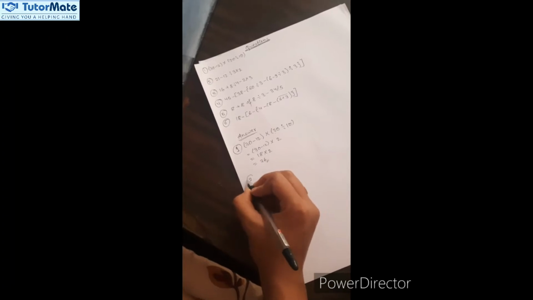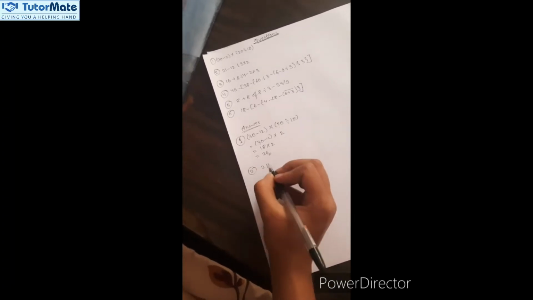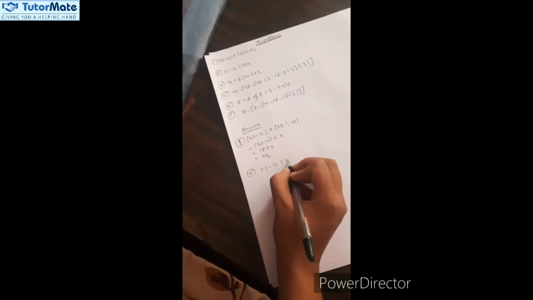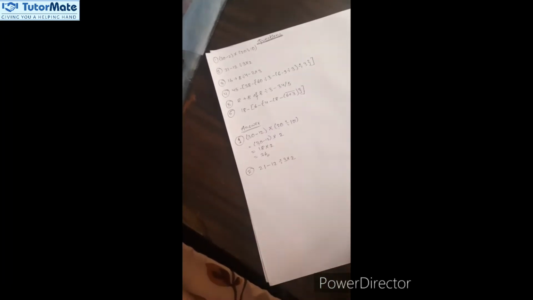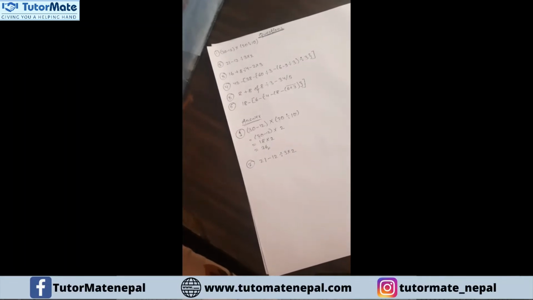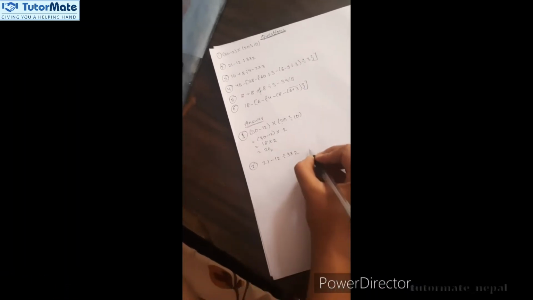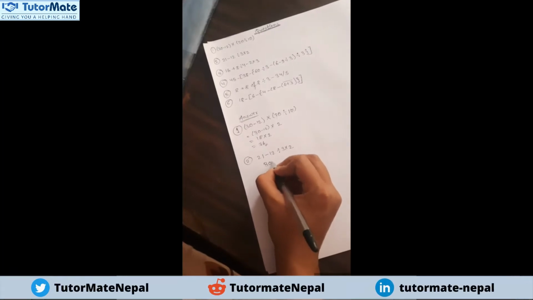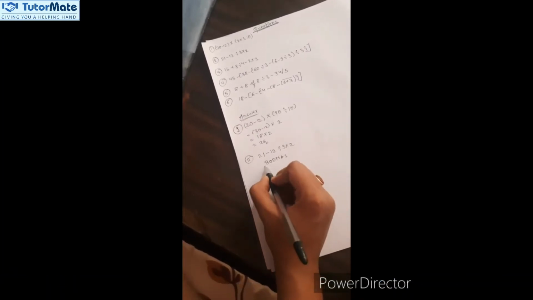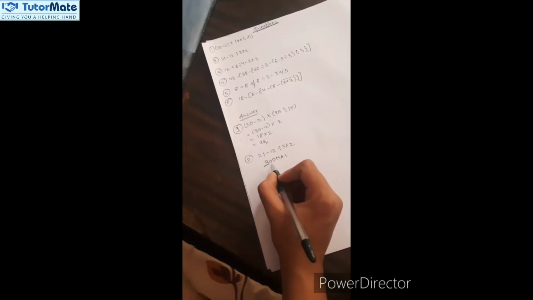Now question number 2: 21 minus 12 divided by 3 into 2. In this question there is no bracket and no of, so remembering the BODMAS rule, the first step is solving the bracket, the second step is solving of, and the third step is division.